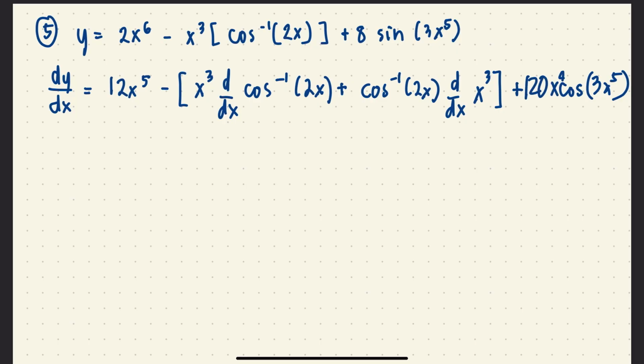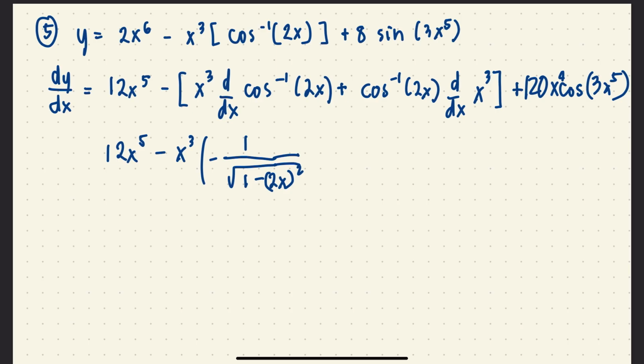Okay. Then performing the derivatives on the second term, we'll have 12x raised to 5 minus x cubed times your derivative of arc cosine, which is negative 1 over square root of 1 minus, your u here is 2x, so 2x squared.